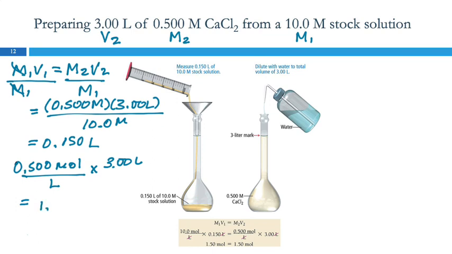It would be 1.50 moles in that amount of the initial solution. When I add water, I still have the 1.50 moles, but now I'm diluting it to a volume of 3 liters. So I take that number of moles, 1.50 moles, and I'm diluting it to 3 liters.